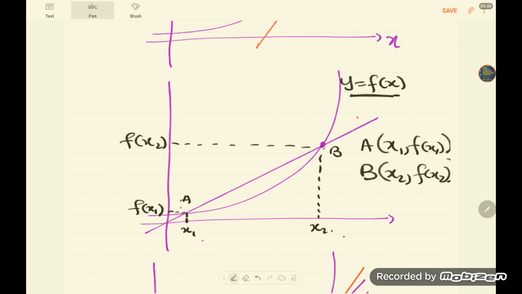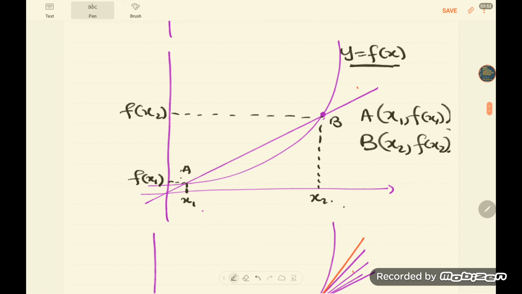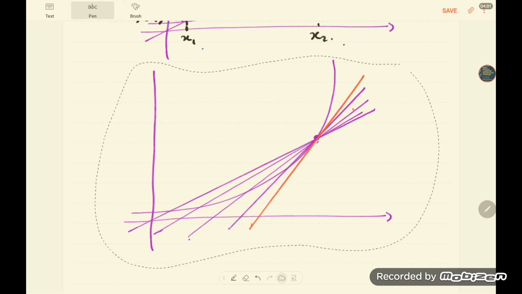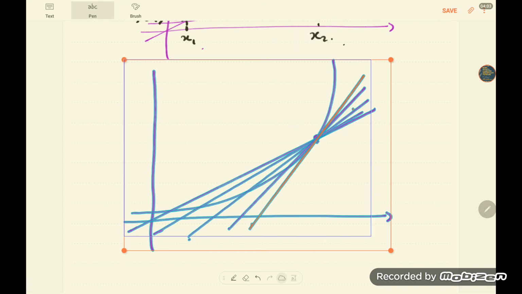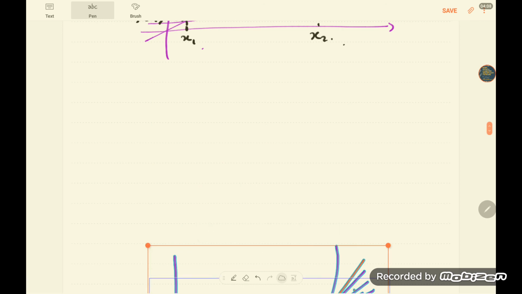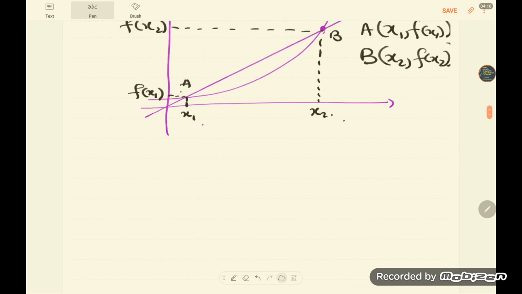And to find the gradient for the line AB, we just have to move this a bit further down, I guess. Right. Then we'll use our normal gradient formula. The gradient of line AB is going to be equal to change in y over change in x.